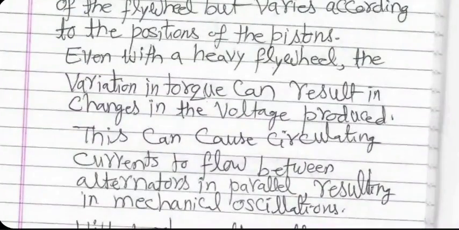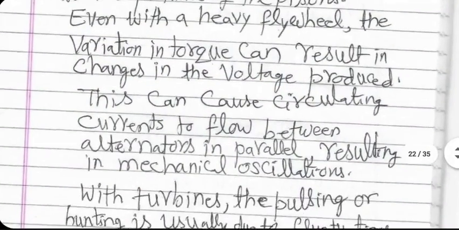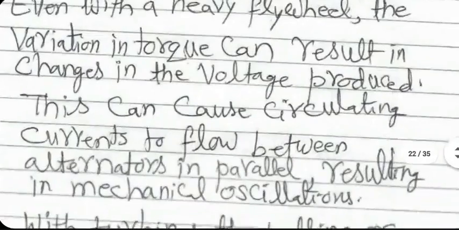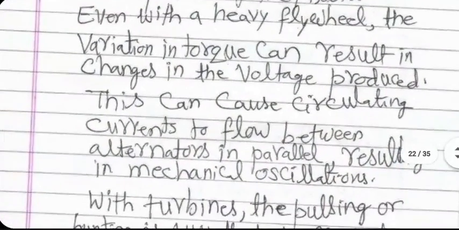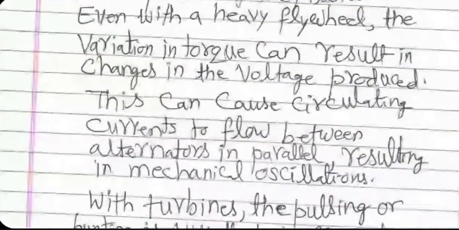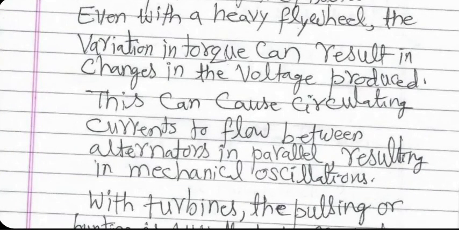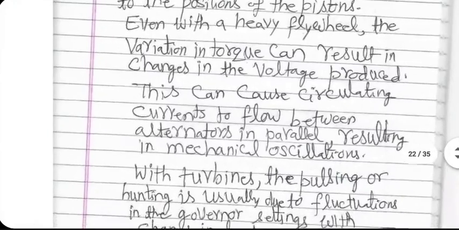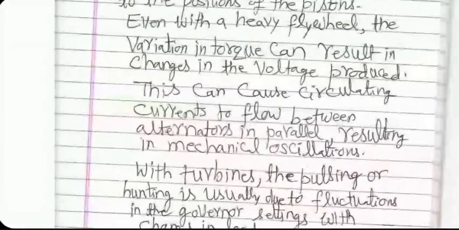So what would happen is the magnitudes of the voltages generated in each generators will be slightly different from each other. And that will produce local currents in the system because of potential difference from one generator to another. So the machine will constantly hunt for a steady state, which may never be achieved.